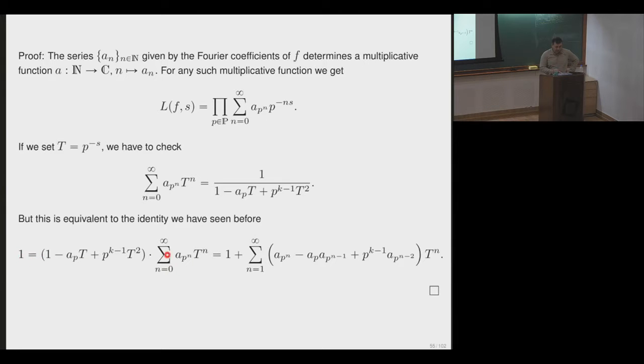Now you multiply this out, and you get this ordering of these a_p's. And the condition was that all these are zero, because, let's say, because it's Hecke.